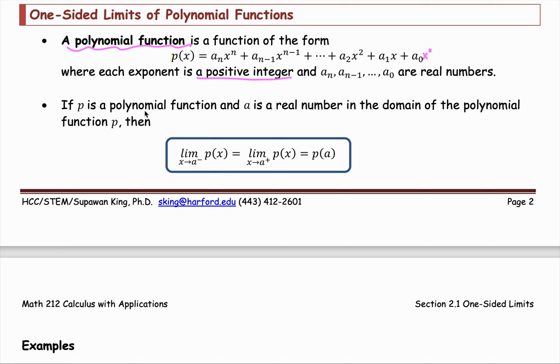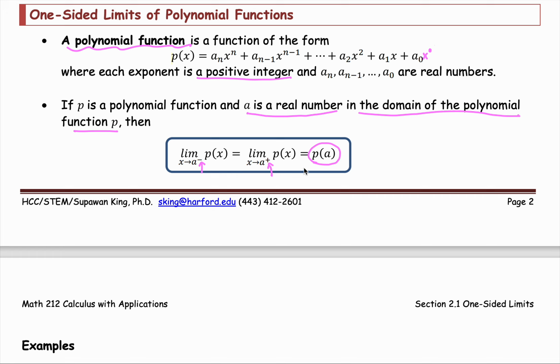If p is a polynomial function and a is a real number in the domain of the polynomial function p, then the limit of p of x as x approaches a from the left equals the limit of p of x as x approaches a from the right, and it is exactly the same as the function value of that polynomial function at a.